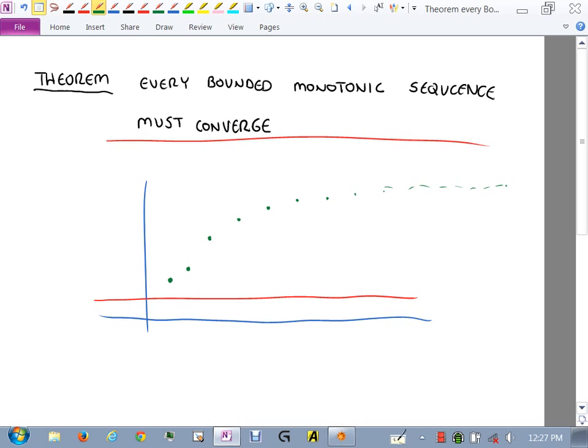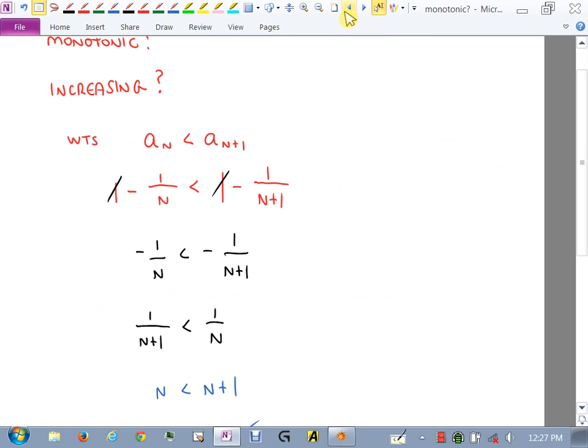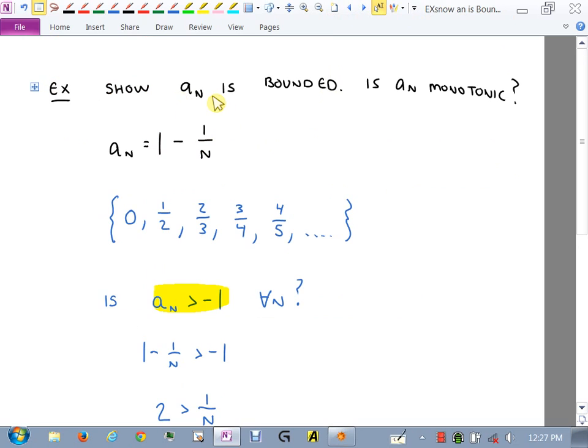Monotonic takes that out. Can't do that. Exactly. So every bounded monotonic sequence must converge. The sequence we just had, this right here, is bounded and monotonic, and it converges. Does it say what it converges to? It doesn't tell us that.